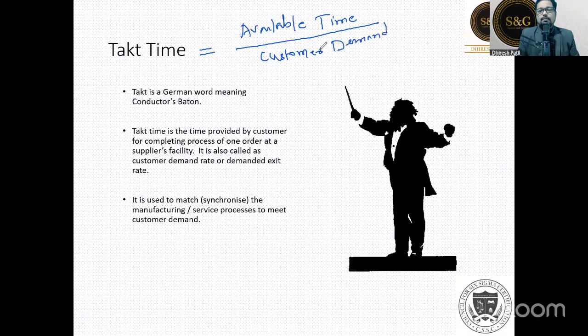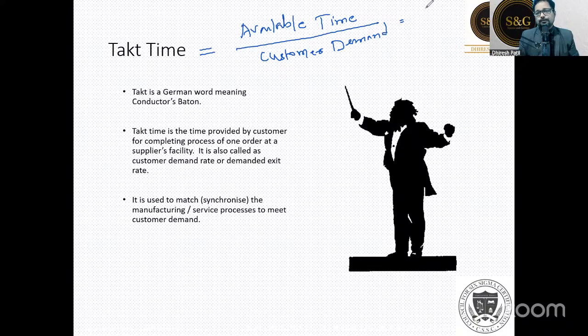For example, let's say I have an 8-hour shift. If I multiply 8 hours into 60 minutes, that becomes 480 minutes. Out of 480 minutes, the employees take, let's say, 2 breaks, one for breakfast, one for lunch.